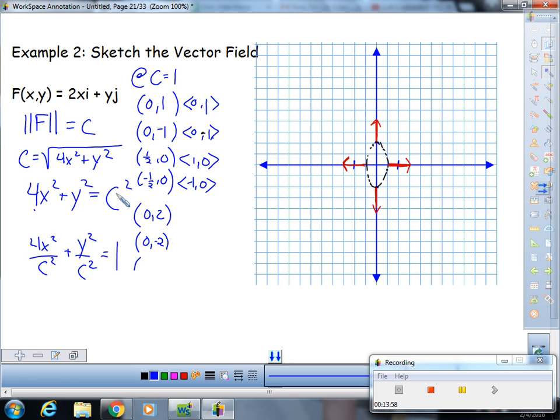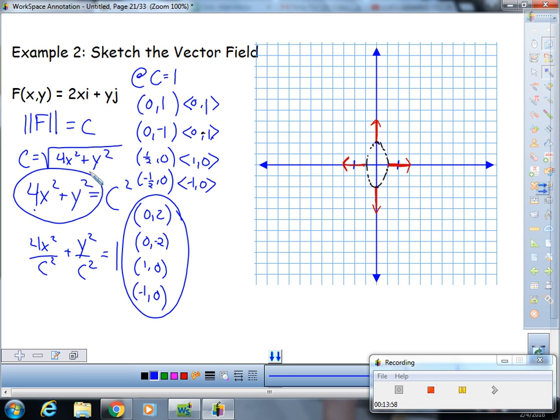So that's going to be 4. So good. We'll just put in a 1 for x now, right? 1, 0, and negative 1, 0. All of these points satisfy this equation for C equals 2. That's all we're doing. We're trying to figure out how we choose which points to sub in.